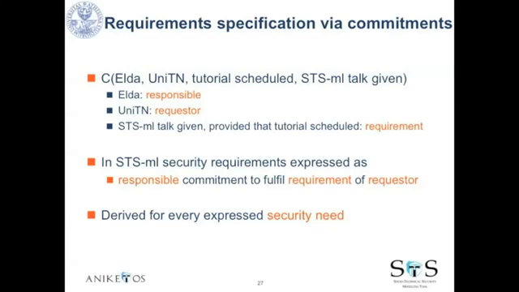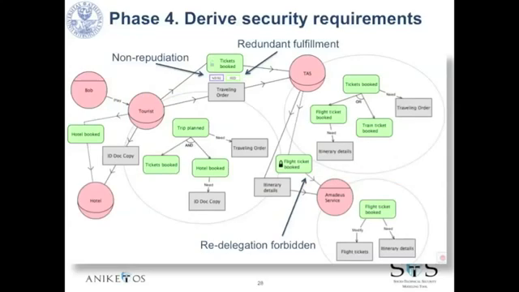So this is how we map the commitments to an actual form of requirements in the modeling language. So a responsible actor would commit for the fulfillment of a given requirement to a requester. And these requirements are expressed for every security need that we support in our modeling language. And I'll show you how we derive the security requirements for every expressed security need.